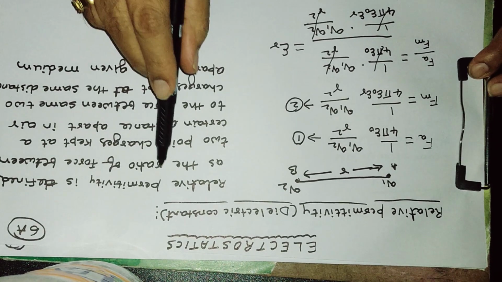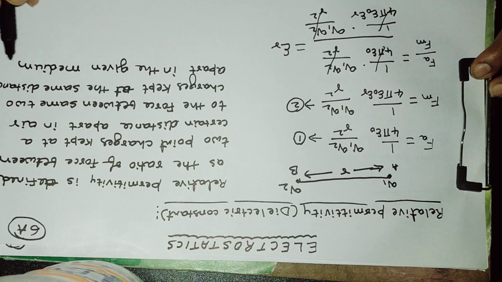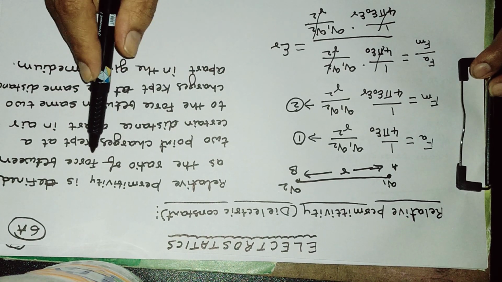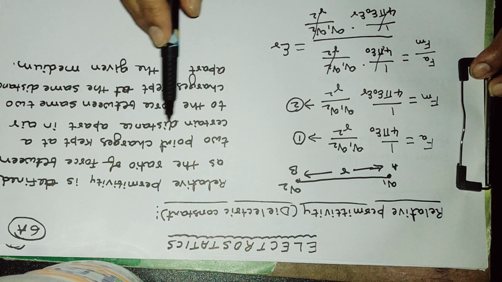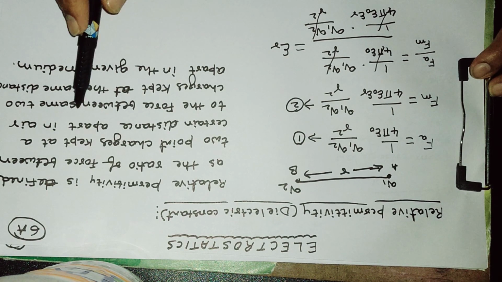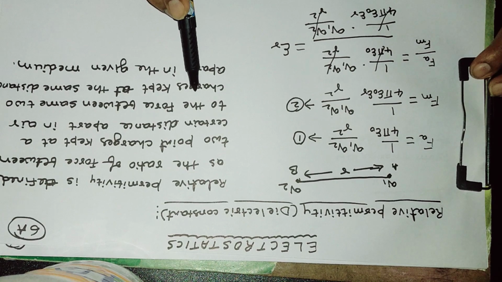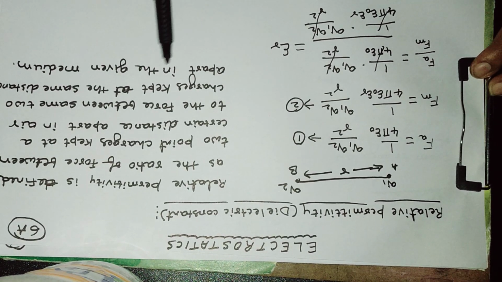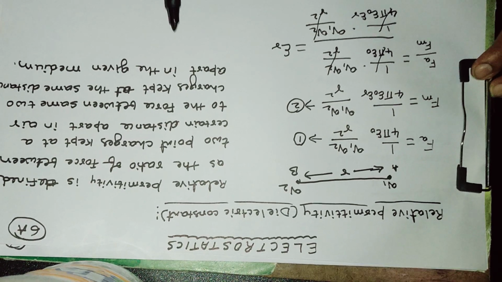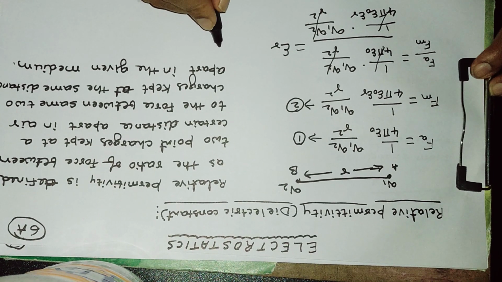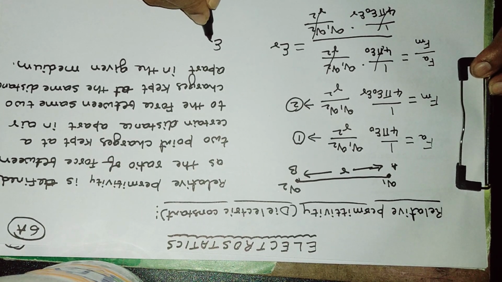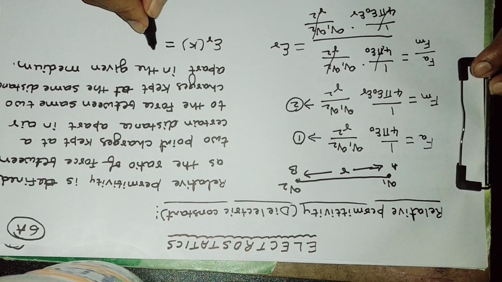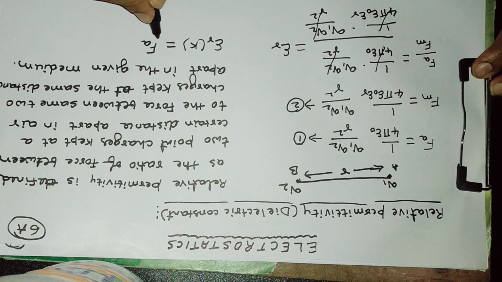Mathematically, I may write epsilon r, sometimes also represented as k, is equal to Fa by Fm.